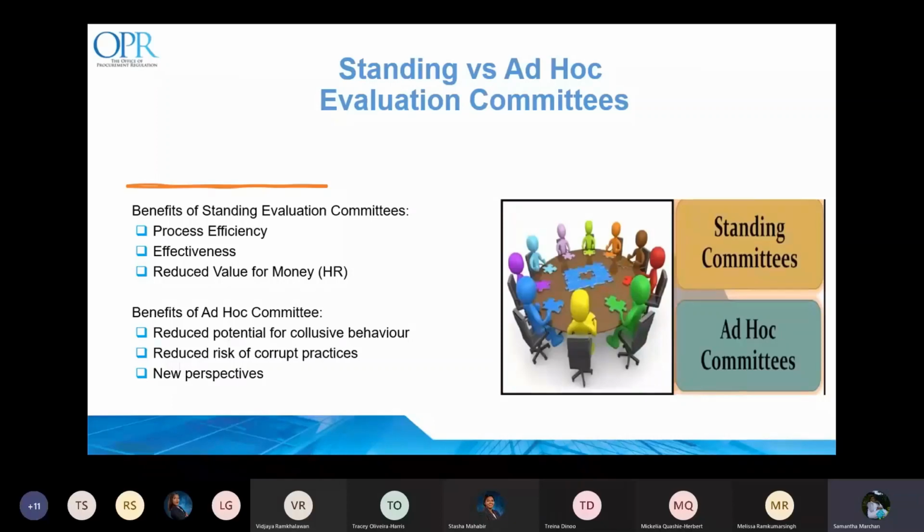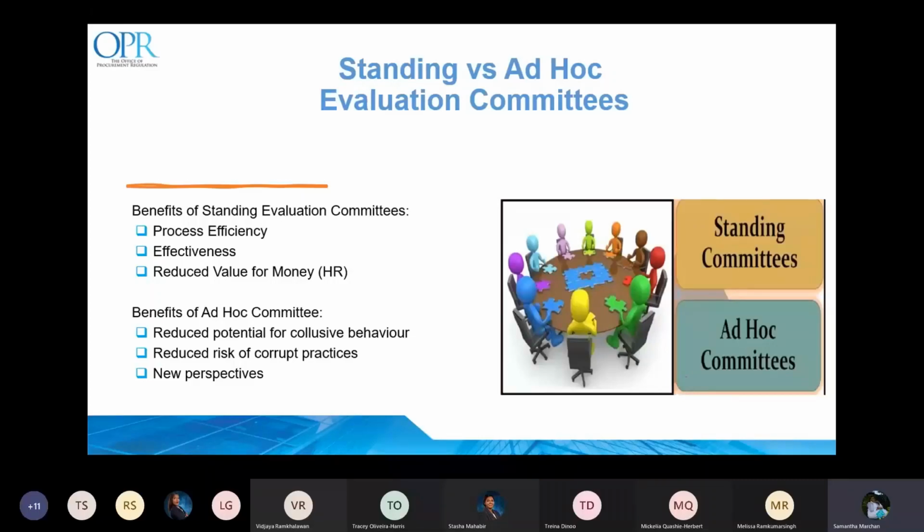This will lead to improved process efficiency and effectiveness, as these members will have a higher level of understanding than an ad hoc committee. On the other hand, having an ad hoc committee instead of a standing committee reduces the potential for collusive behavior, corrupt practices, and allows for new perspectives.